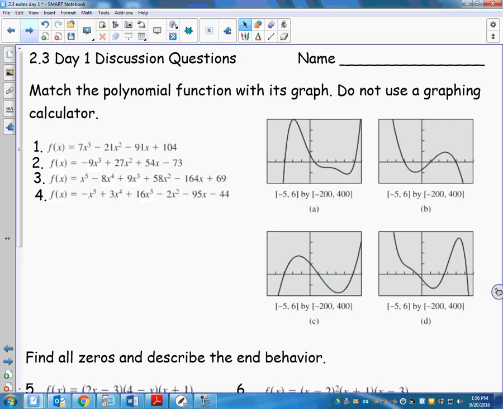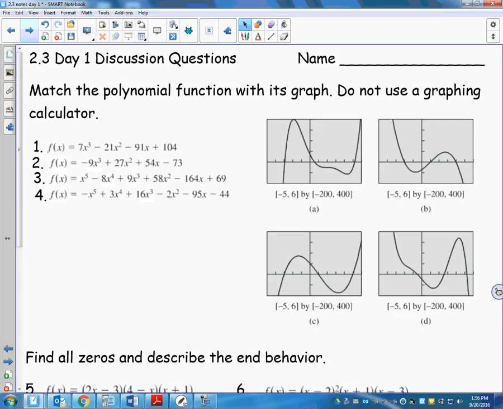Maybe you look at A and look at C and think, oh no, they have the same end behavior. And look at B and D, oh no, they have the same end behavior. You should be able to look at the y-intercepts to help you figure out which one is which. What was the y-intercept of number 1D? How could you find the y-intercept pretty easily?